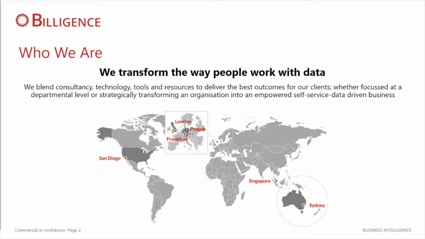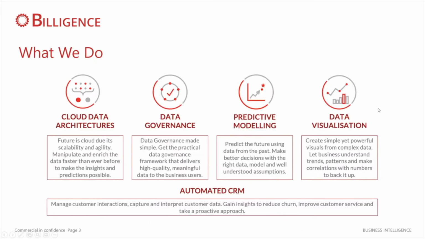So as you can see here, Billigence are an international consulting company that combine technology, tools, and resources to provide data-driven insights to organizations, which can help strategically position them in a better state. This is what we do at Billigence. Our 5 key pillars: we work in cloud data architectures, data governance, predictive modeling, data visualization, and automated CRM systems.